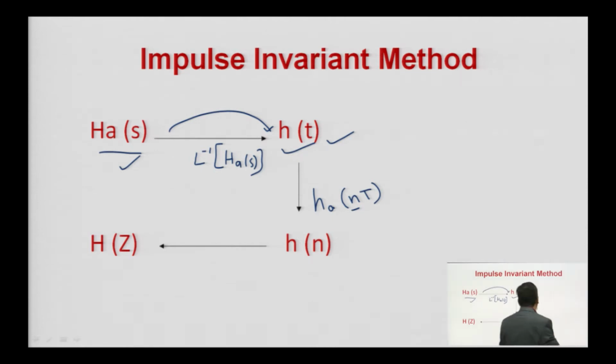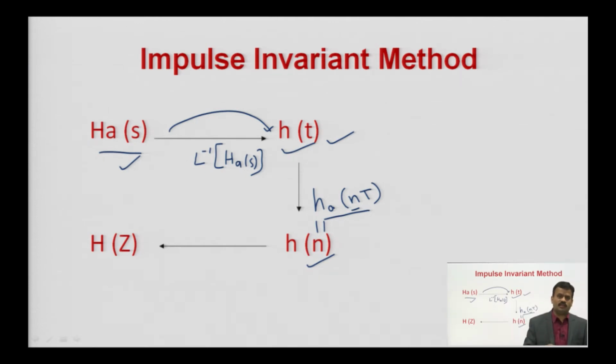So, after recovering the small h(t), you have to do some uniform sampling here, and it converts into h_a(nT), which is almost equal to h(n). h(n) is the impulse response of your digital filter.